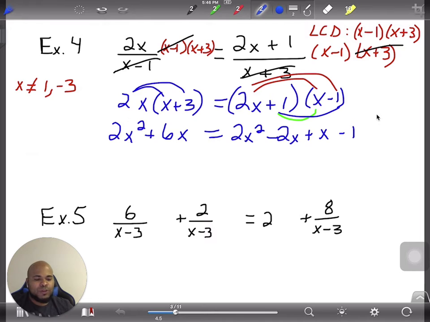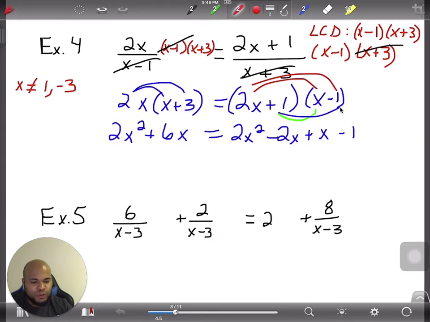So I result in this quadratic equation, but it's really nice because things are going to cancel. I want you to notice that I have the same coefficient with the same sign, so they will cancel. My attempt now is to move every single variable to the left of the equation.